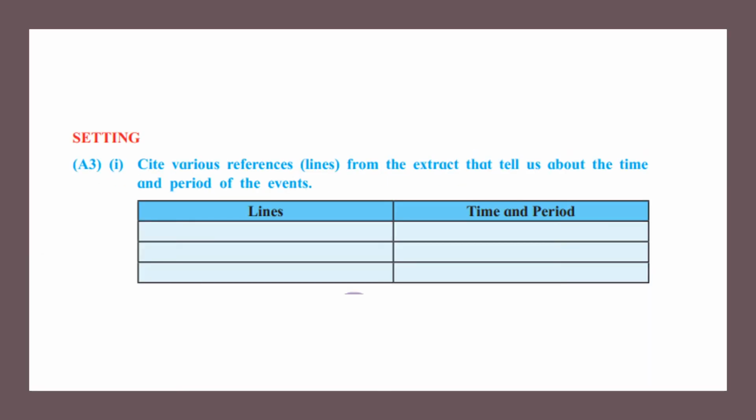Question number 3, setting. In this slide, we need to discuss various references from the extract that tell us about the time and period of the events. So the period of the events revolves around the year 1857, which involves the service in India, the rebellion of 1857, and a secret pact between four convicts.